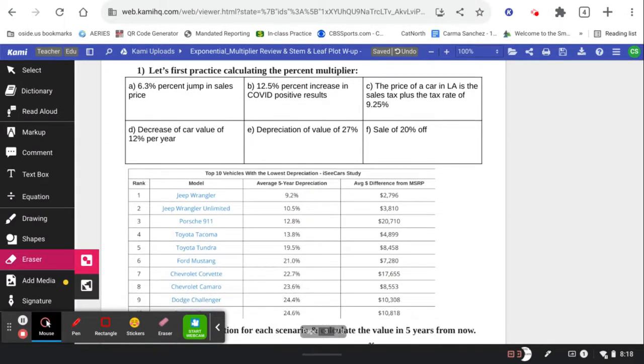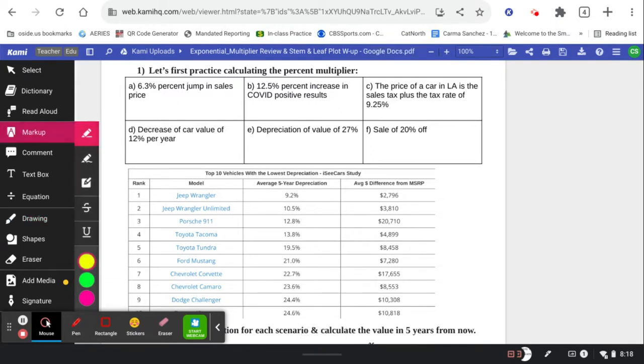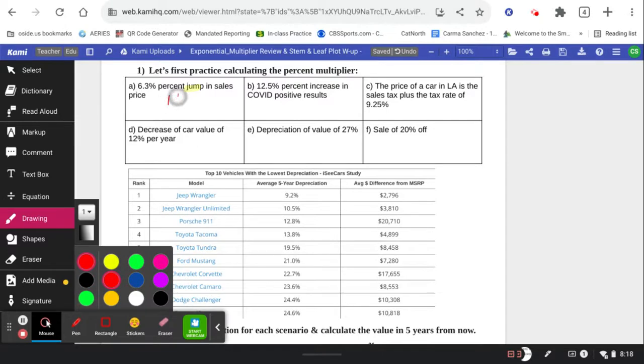All right, let's first calculate multipliers. If it's a percent jump in sales, that's an increase. It means that we're going to choose the 1 plus the rate formula.